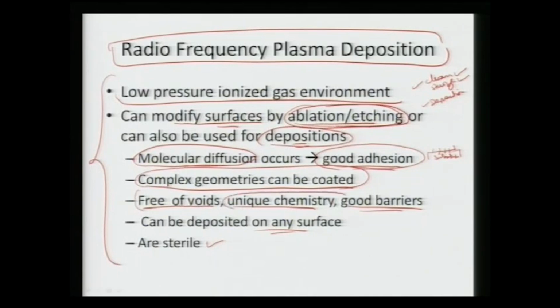They can have a very unique chemistry, they can also act as good barrier films, and they can get deposited on any surface. And since it is utilizing bond breaking and radio frequency, the coatings which are produced are sterile, so they can be directly used in any biomedical application because they are already sterile in nature. So, that is the advantage of radio frequency plasma deposition.